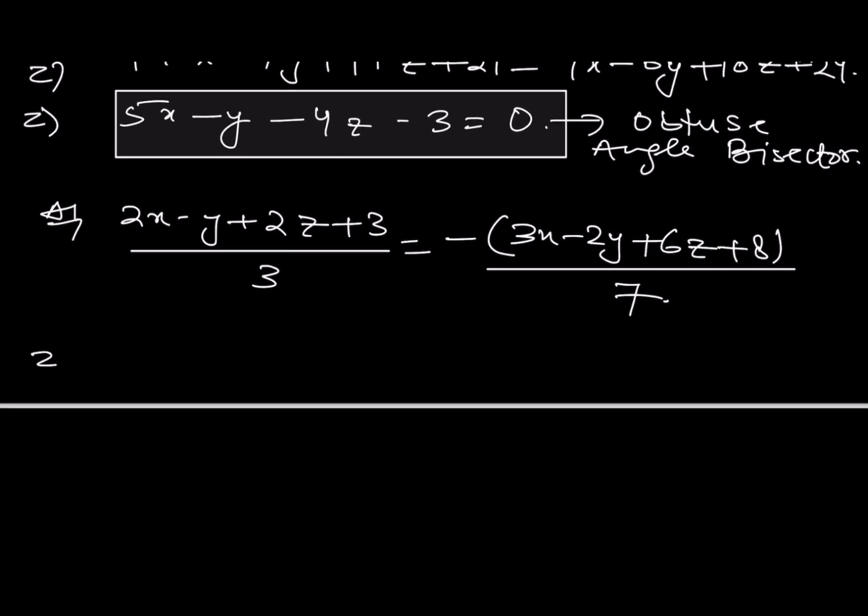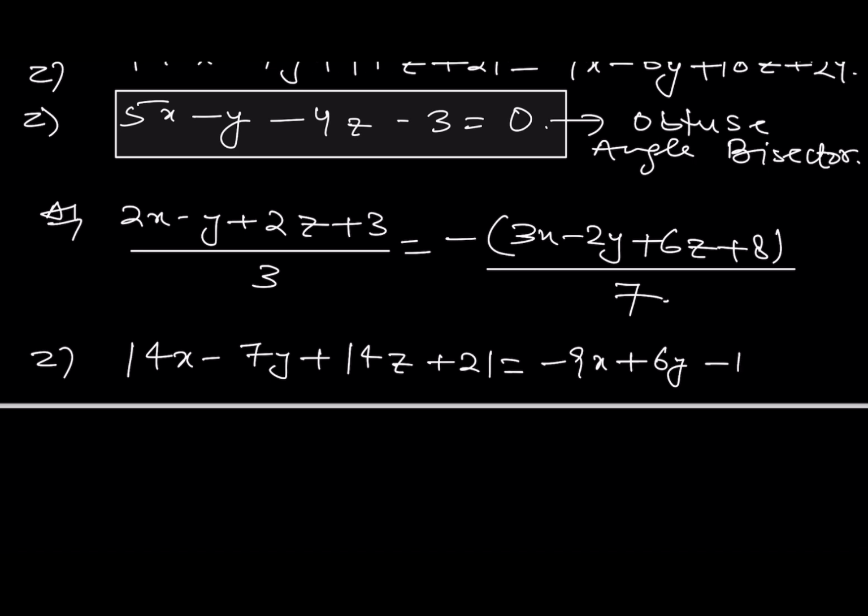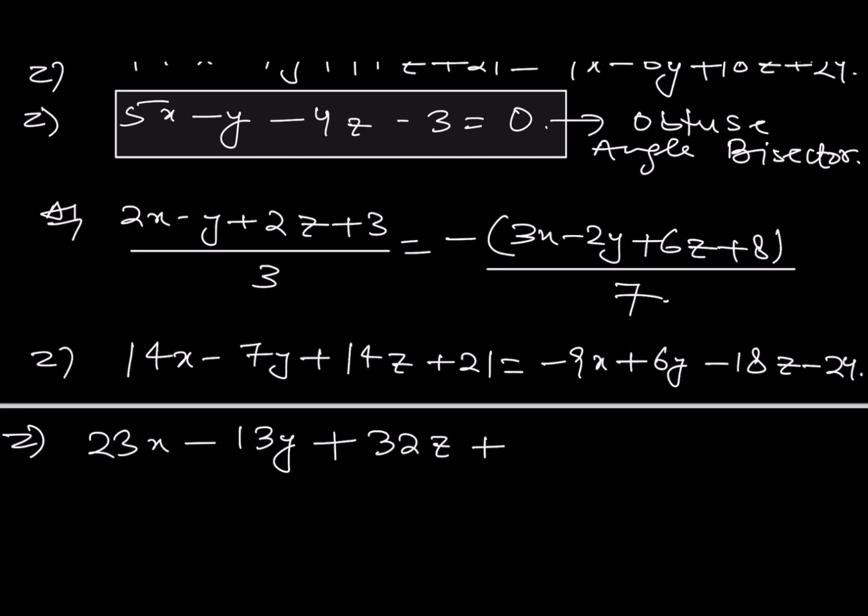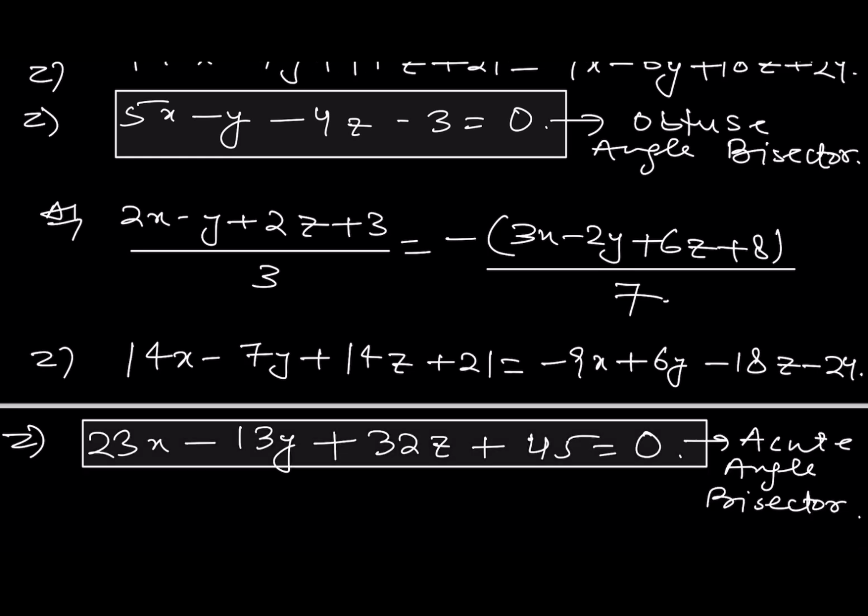So 14x minus 7y plus 14z plus 21 is equal to minus 9x plus 6y minus 18z minus 24, right? So it is 23x minus 13y plus 32z plus 45 is equal to 0. It is the acute angle bisector, right?